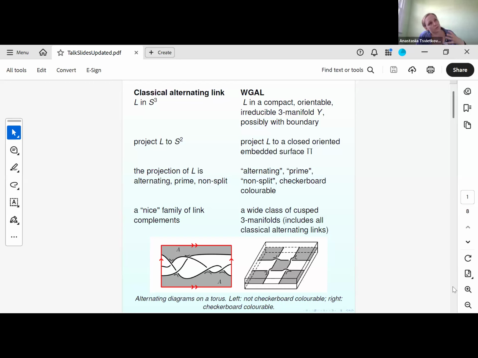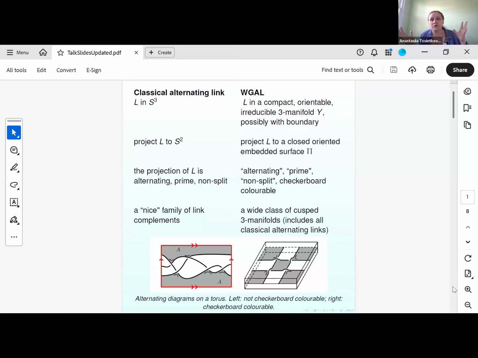And we used to require, like all of Menasco's work and classical standard position requires, that the projection of a link is alternating, prime, non-split. So we say, okay, we need our link to project on that surface in an alternating way, in a prime way, so there is a generalization of prime, in a non-split way, and we also want the projection to be checkerboard colorable. And you say, all right, once you took your manifold, you took your link, if there is some surface where such a projection exists, you got yourself a weakly generalized alternating link.